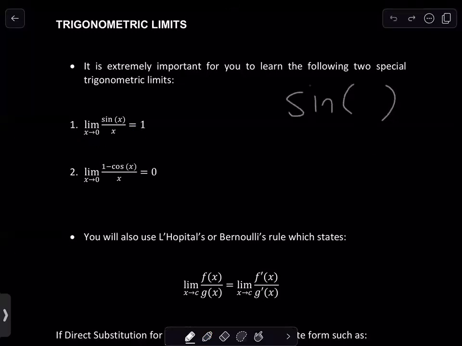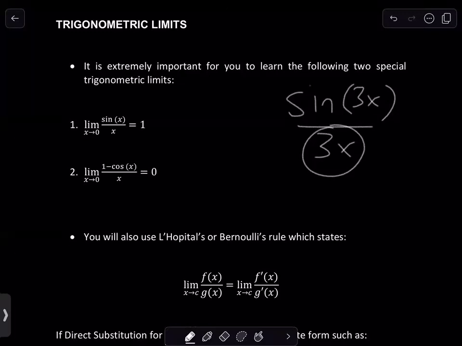Let's assume that we have, let's say, 3x as our argument for the sine function, or our angle. So we have sine of 3x. What we want to then try and manipulate to is a point where we get 3x in the denominator as well.